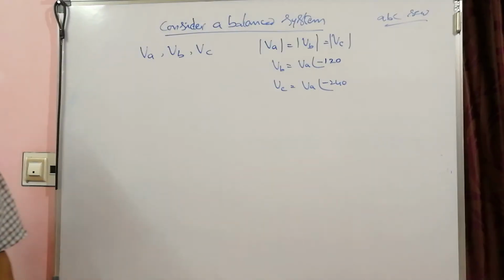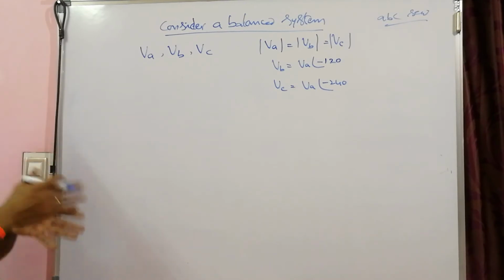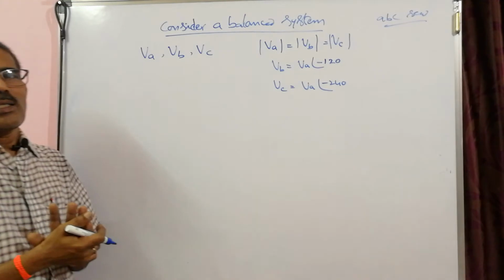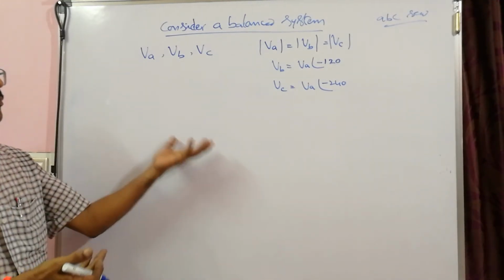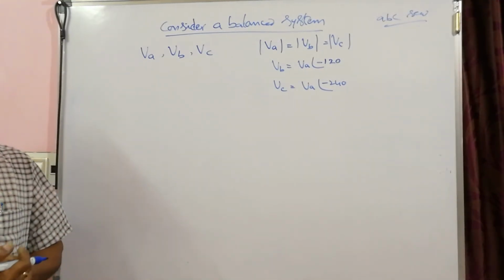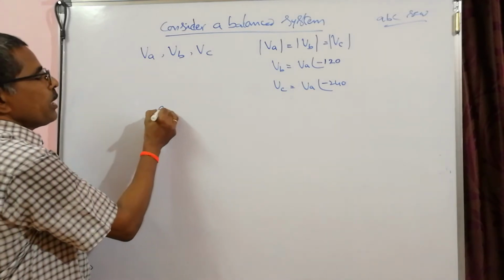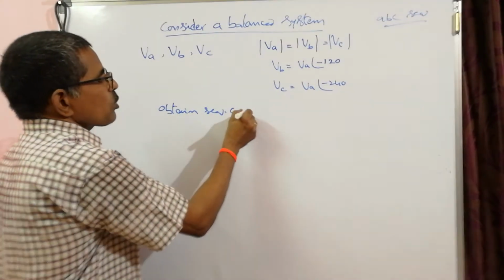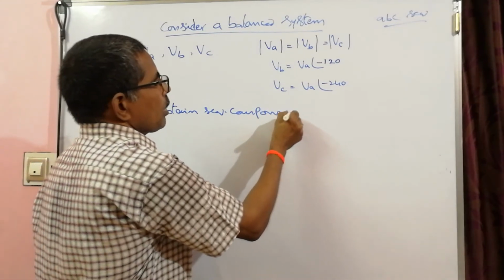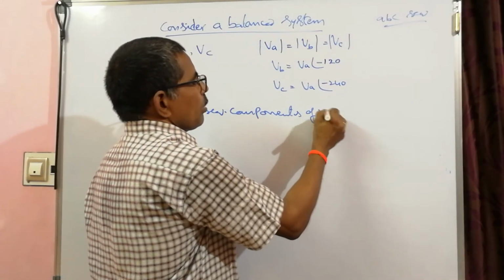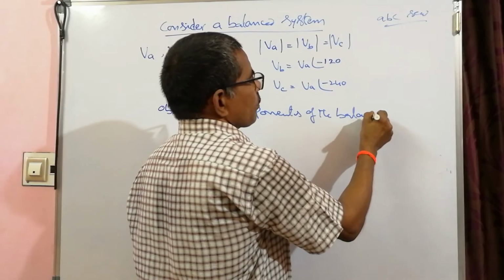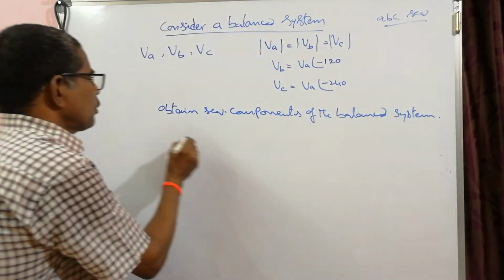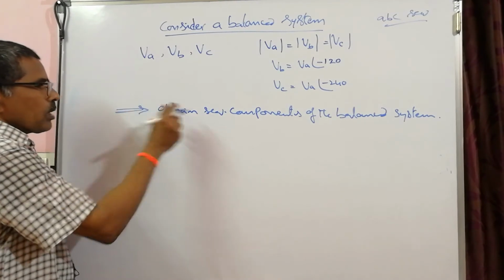For a balanced system, if you try to obtain the sequence components, what are the values you get? So, that is the question. Obtain sequence components of the balanced system.